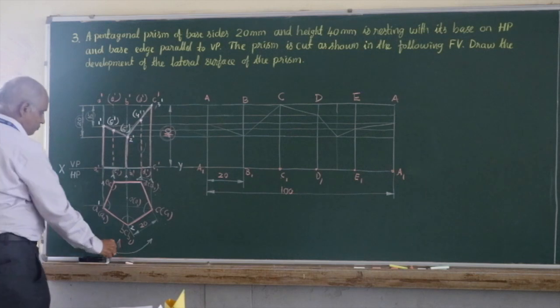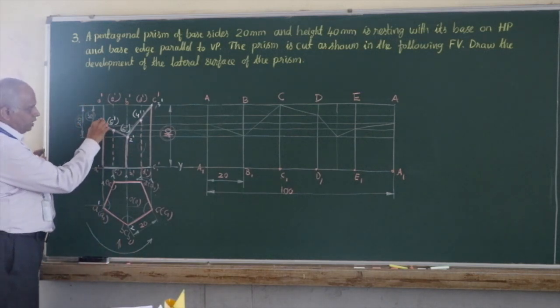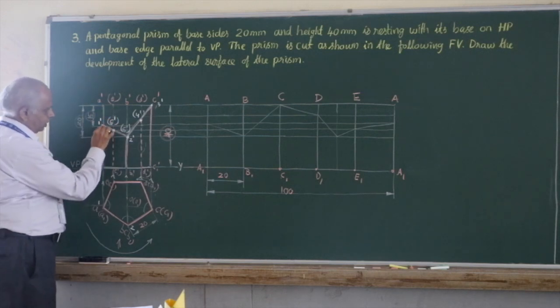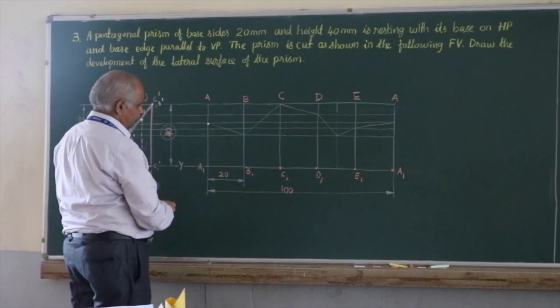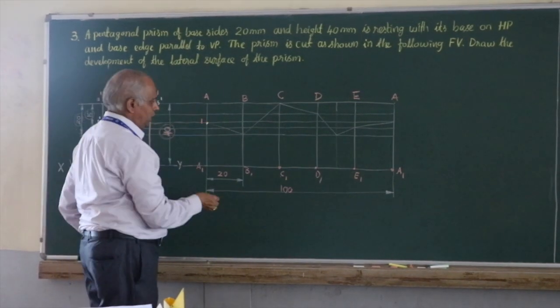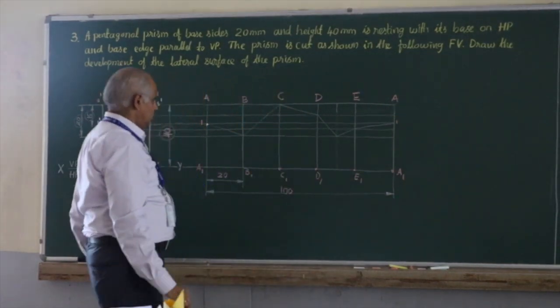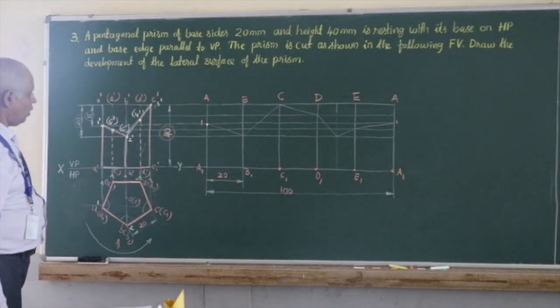Let us try to identify the section points on the development. Section point 1 is on vertical edge A1. So A1 is in true length here. So directly project it here. You get section point here as 1 on the development, and here also it is 1 because it is edge A1. So starting and ending points are 1 and 1.